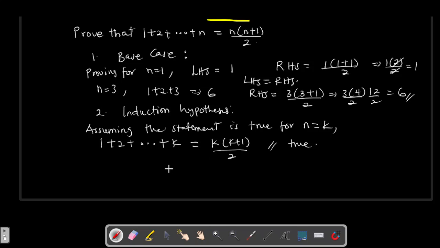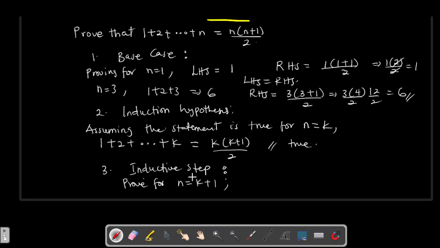Now let's come to the inductive step. That is the number 3. This is what we call the inductive step. At the inductive step, what we do is we prove for the next number after the unknown, so prove for n equals k plus 1.